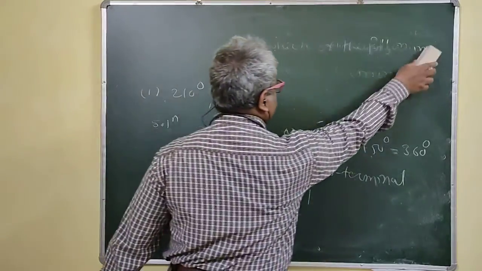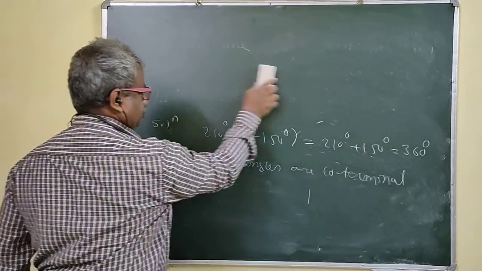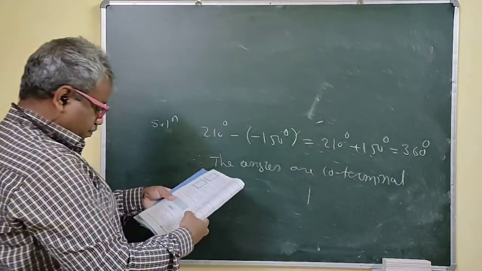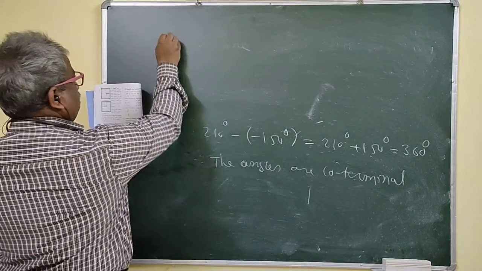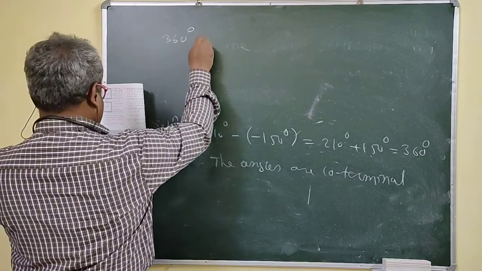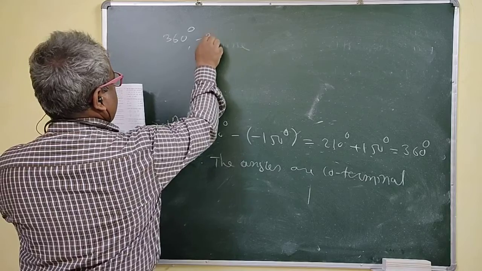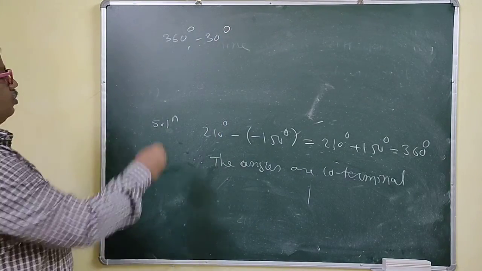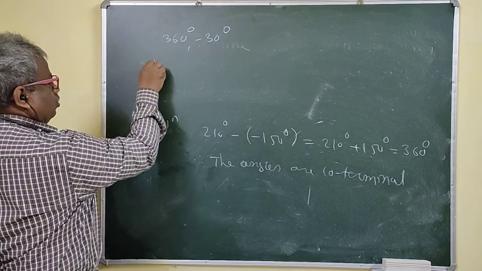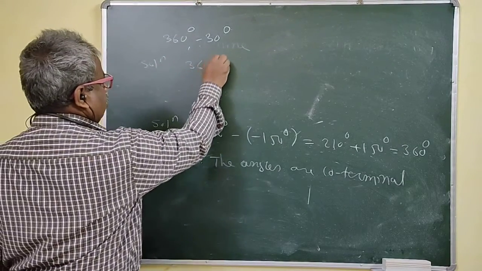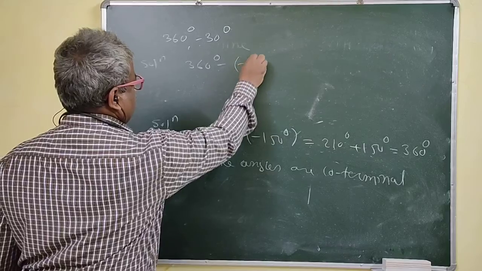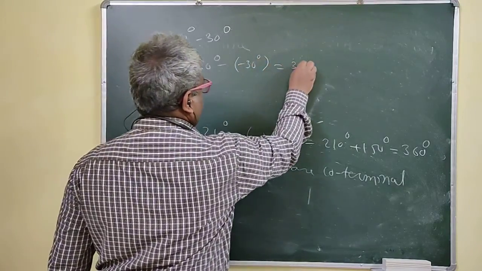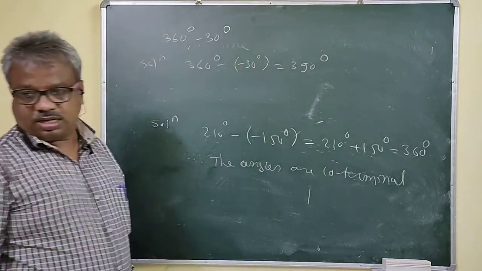We take the second pair. 360 degree, minus 30 degree. So solution, 360 degree minus 30 degree is equal to 390 degree, right?